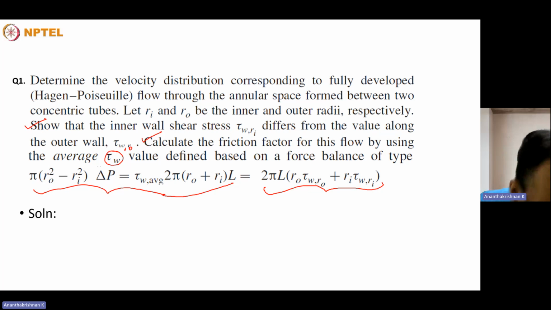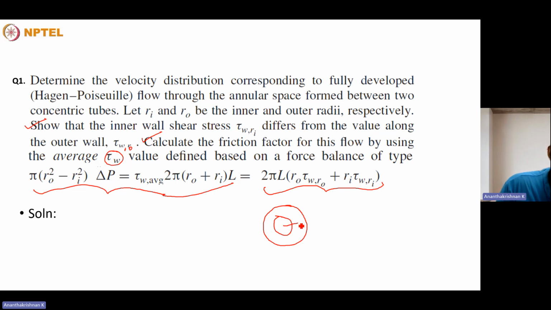So I'll try to solve the problem. This is a case of an annular tube. That means two hollow tubes, one over another, with a common center, common origin.